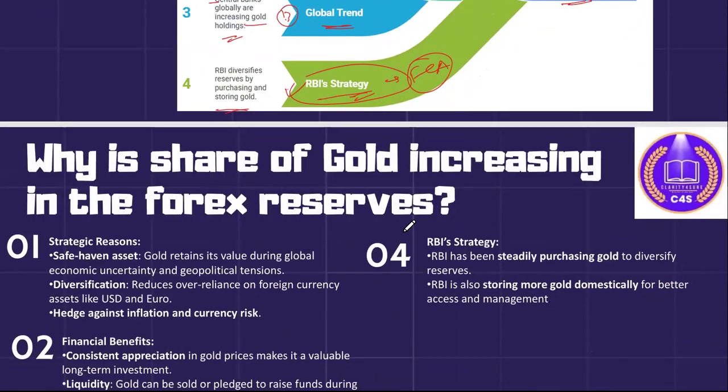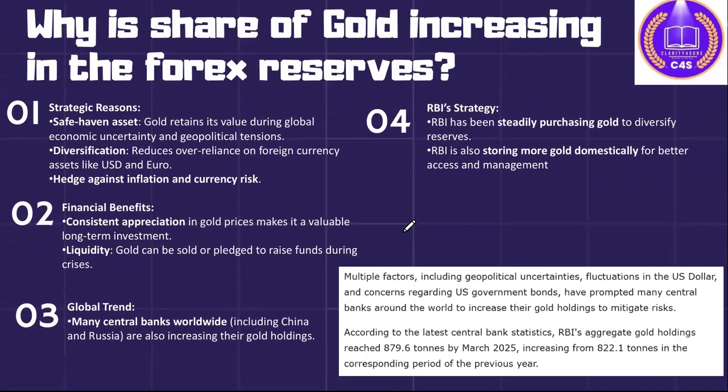Now, coming to the next part, see here the RBI strategy and all. Here you can understand through this example there are multiple factors like geopolitical uncertainty. Trade war is there, tariff war is there. In geopolitical uncertainty, you can say there are wars between various countries, a cold war between US and China, with Russia and Canada also involved. The tariffs imposed by the US on various countries are also some sort of war, a tariff war, right?